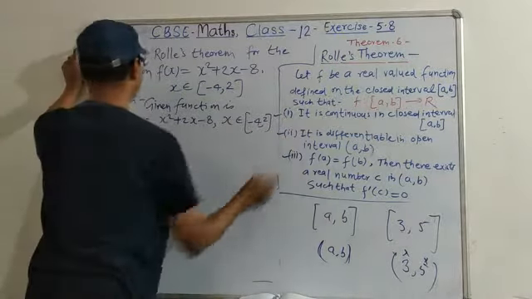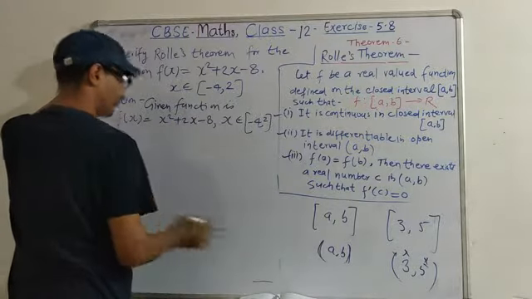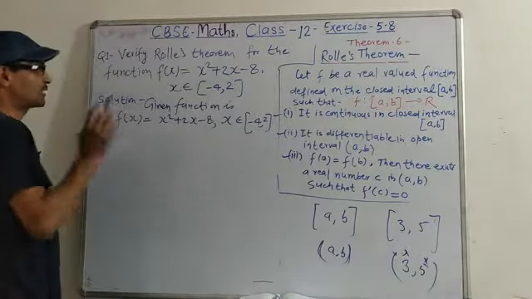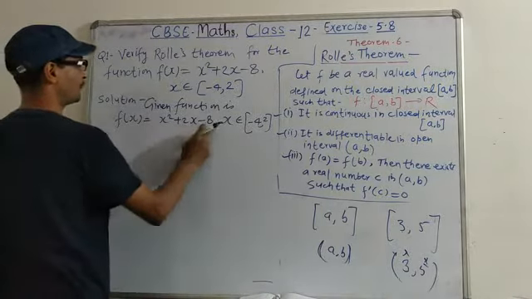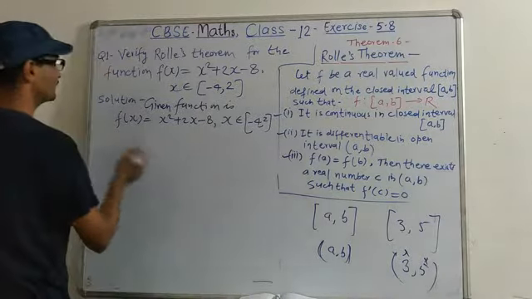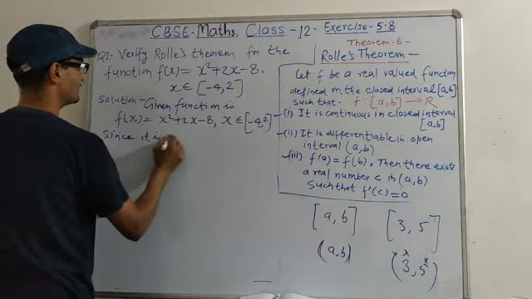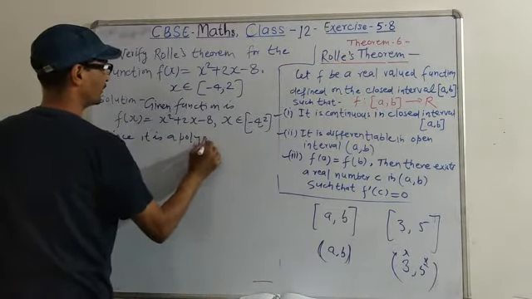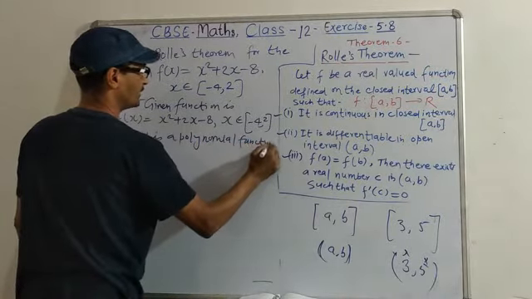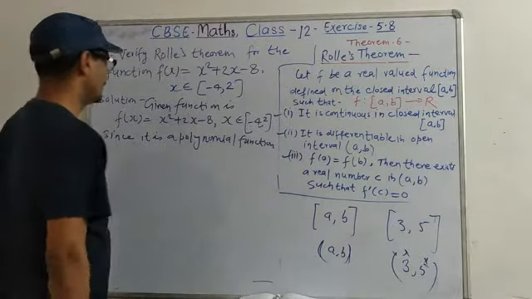It should be continuous. Now how to check it is continuous? In the previous exercises, I think in 5.1, we have done many questions. This type of function is a polynomial function, and a polynomial function is already continuous. So we write here, since it is a polynomial function, we can directly write that polynomial function, exponential function, logarithm function, all are continuous.